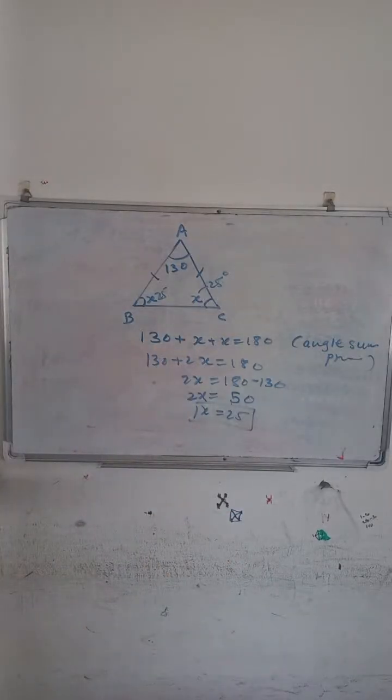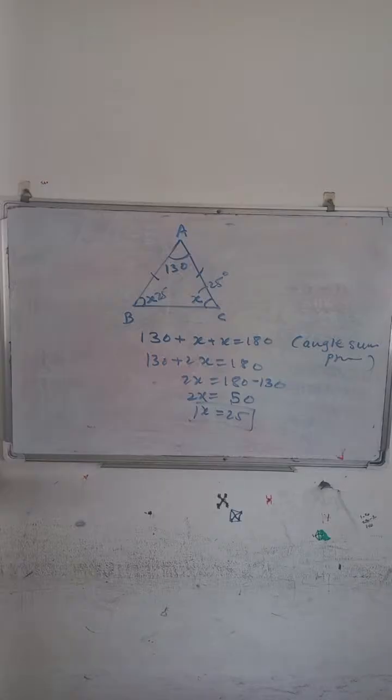Getting how I am doing? Here I apply the triangle angle sum property, and this is an isosceles triangle. Getting this up to here? Okay, copy this. This kind of sums are also expected in your exams.